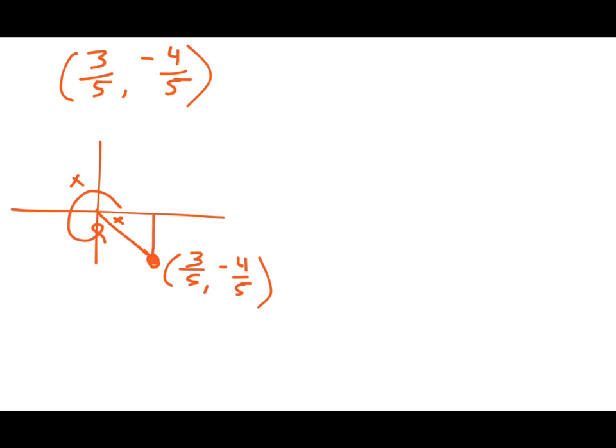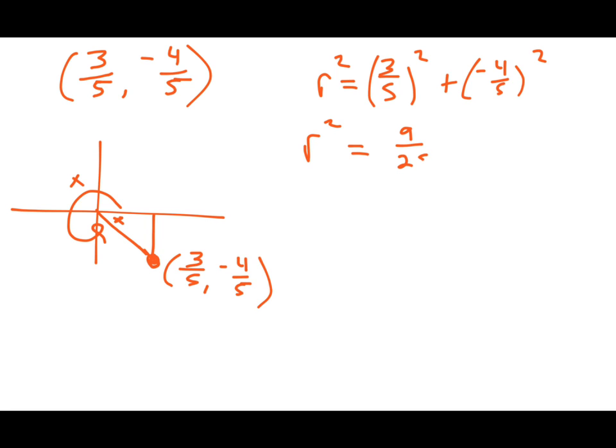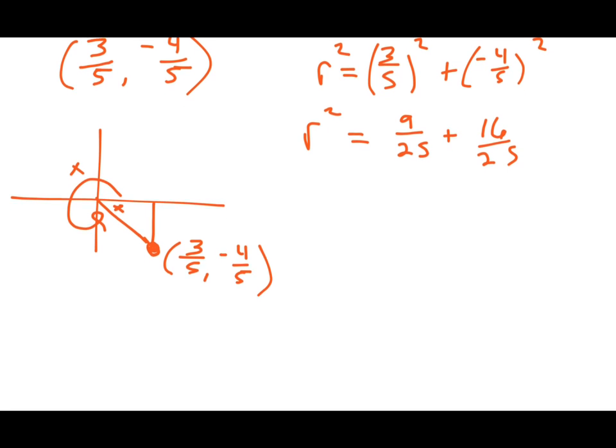Okay, so let's first find r. r squared is going to be 3/5 squared plus negative 4/5 squared, which gives you 9/25 plus 16/25, which means r squared is 25/25, which if you square root that, r is just 1.